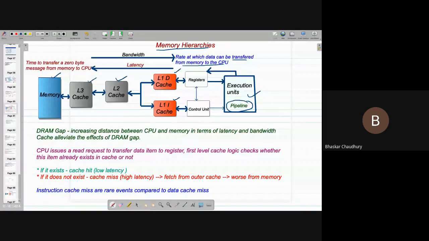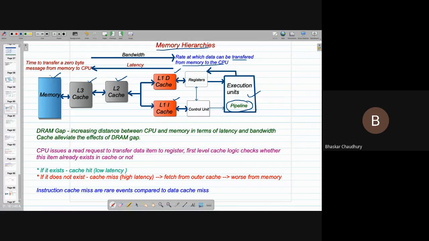However, if you look into the latency story, then it is different. As you go away from the processor, your latency increases. So the memory has the highest latency, if I just look into this picture, and then L3 has a bigger latency compared to L2, and the latency of L1 is the least.